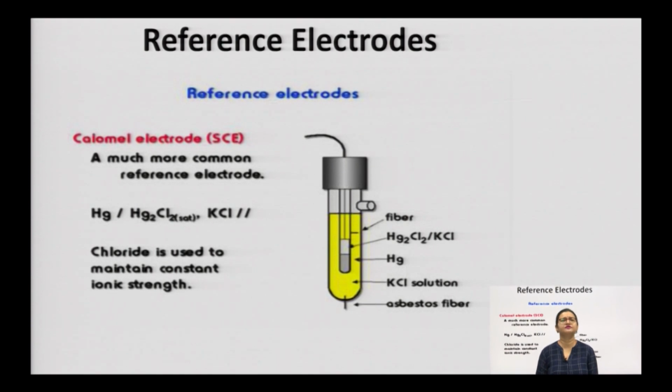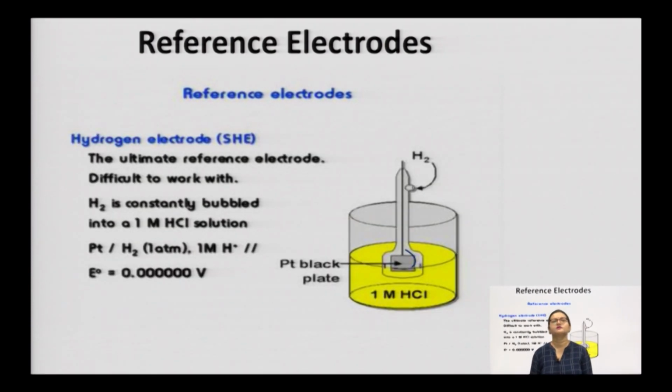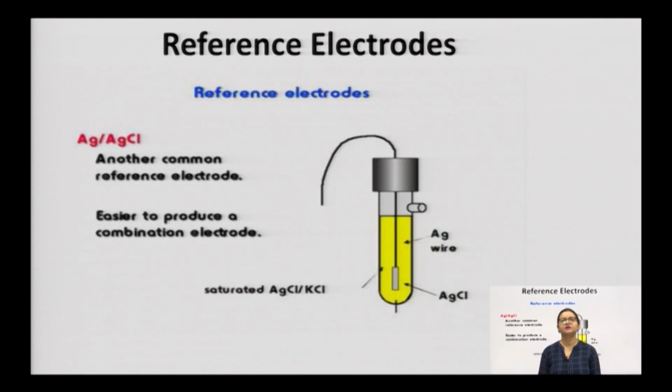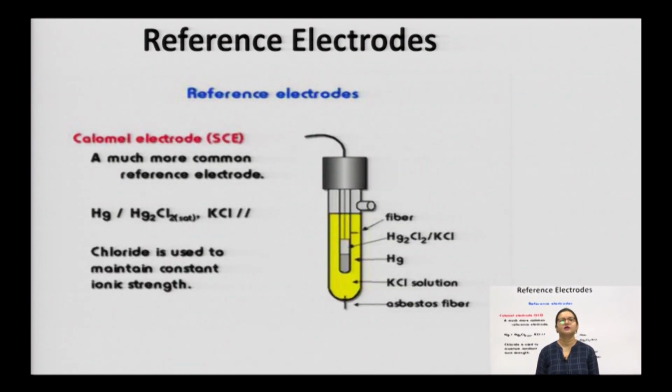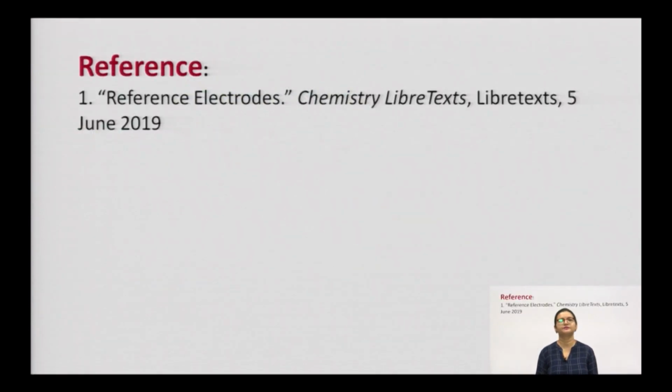So there are basically three types of reference electrode. We can see the standard hydrogen electrode, or SHE, then the silver chloride electrode or silver electrode. The next one is the calomel electrode or standard calomel electrode, SCE.